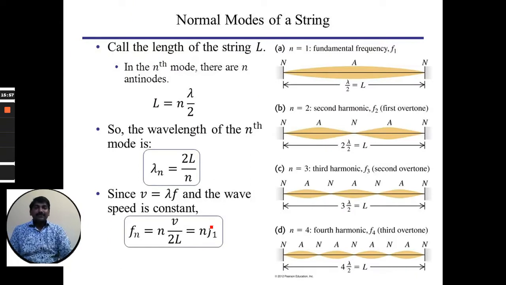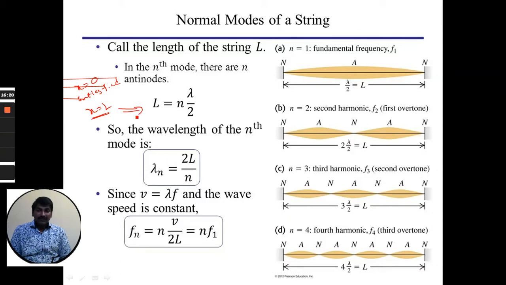You can see very clearly the normal modes of a string. We have obtained x equal to n into lambda by 2. So if I apply a boundary condition, for x equal to 0, already it is satisfied. Now x equal to L I am substituting.